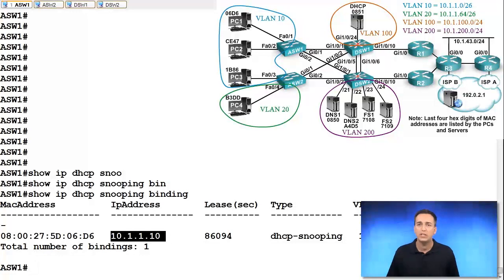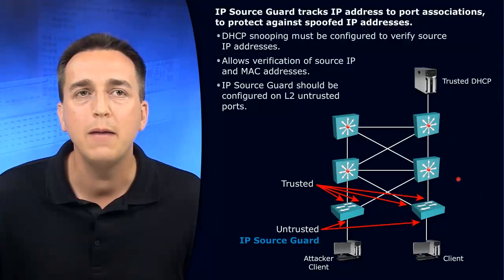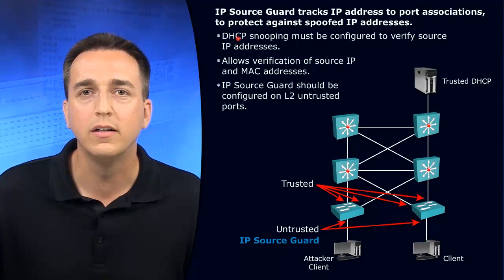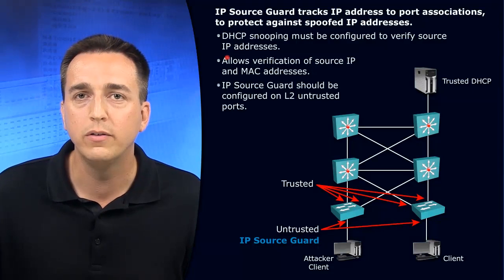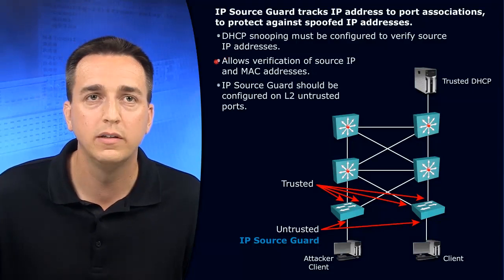The only way it could pretend to be PC1 is if it was connected to this interface. But I already have PC1 there. So that malicious user would have to go there and replace my device. Let's go ahead here and see how IP Source Guard is going to help us out to prevent IP spoofing.